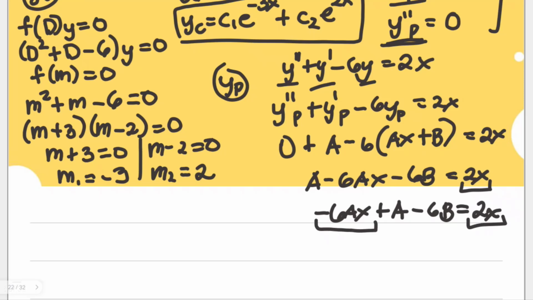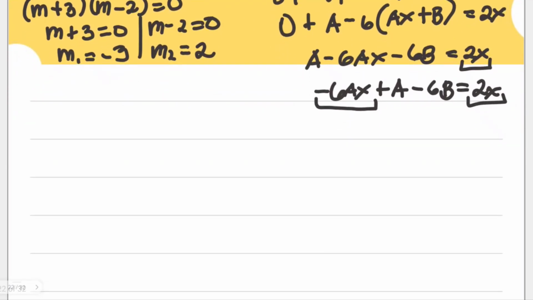This equation will only be true if the terms with x are equal, hence solving for a, and the constants are also equal. So you can have this form here, minus 6ax is equal to 2x. How about these two?